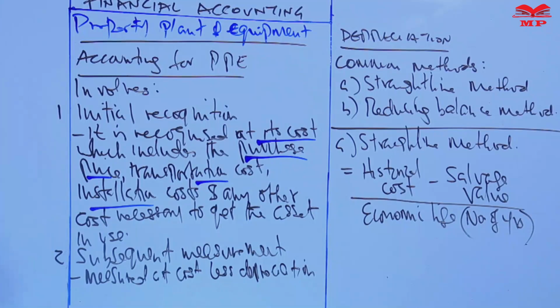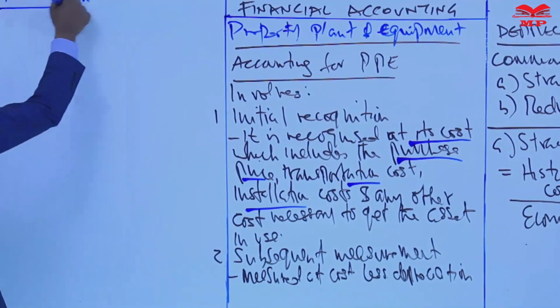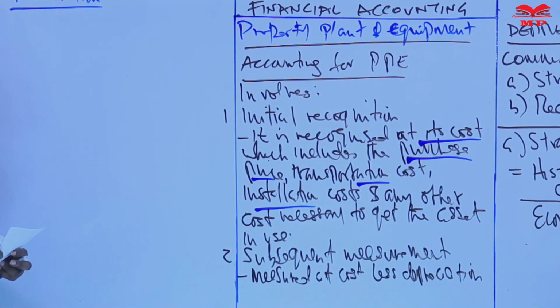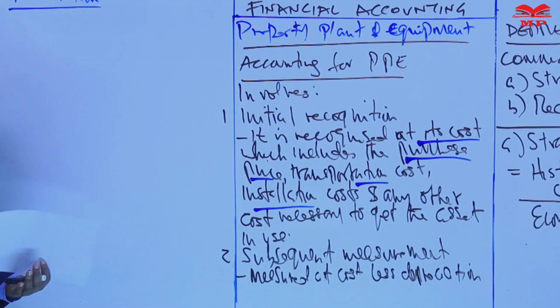So let me just have the illustration here. Let me have the illustration on page 3 of my board. Illustration. Requirement 1, depreciation for every year.